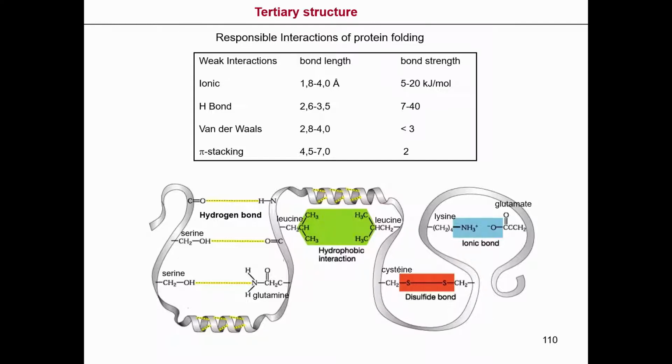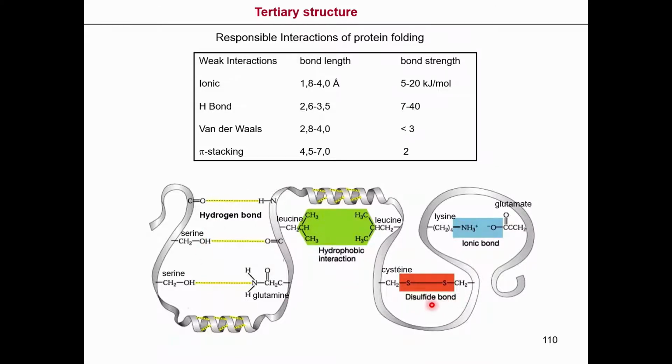So now you know that there are several types of interaction between the side chain of the amino acid. So which is the stronger interaction in all this example?